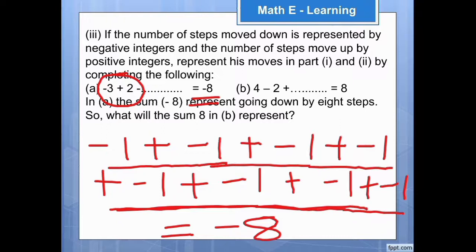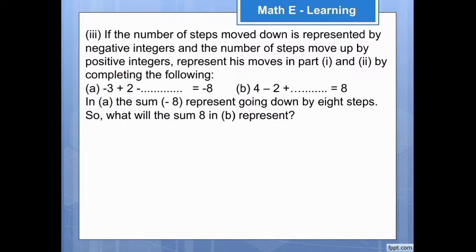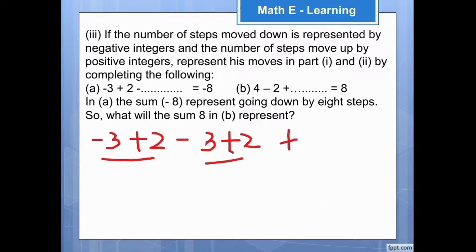So this series will be minus 3 plus 2. This is one time. Then again minus 3 plus 2, second time. Then again minus 3 plus 2, third time.